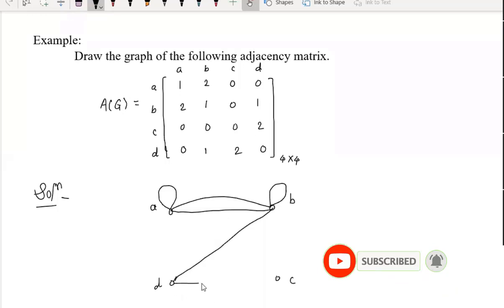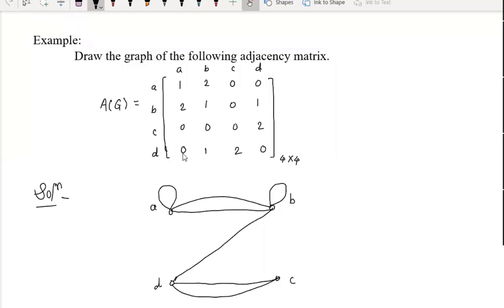I'll draw 2 edges between C to D. Okay? Then D to D. Are there any edges at vertex D? No edges, because we have already drawn the edges D to A, D to B, and D to C. So this is your graph G for the given matrix.